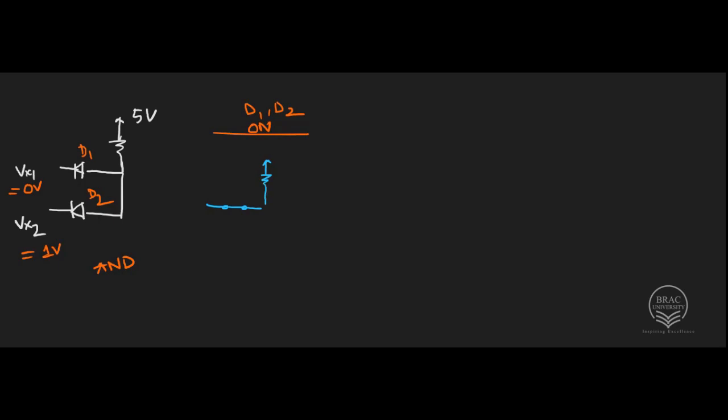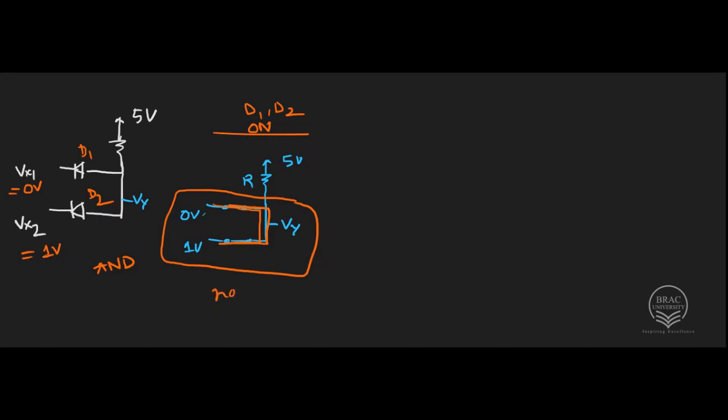If both are represented with short circuit like this, this is our output terminal, 0 volt and 1 volt, and this is our output volt. So again we can see that these are shorted, so these are actually one same node, and one same node cannot have different values. So this is not possible, that both diodes are conducting.